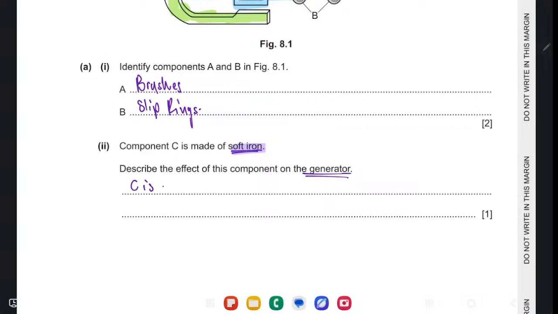C is made up of iron, which is magnetized temporarily, which means it's a soft magnetic material.